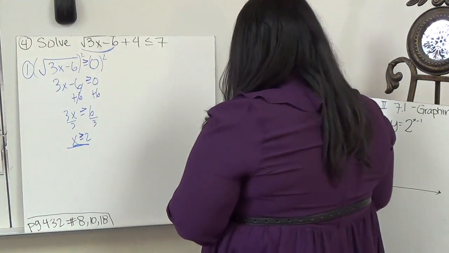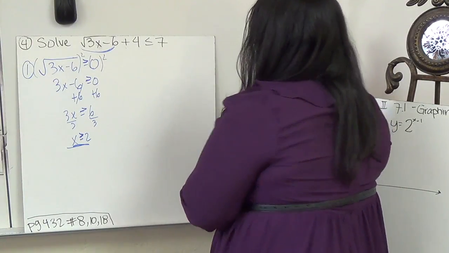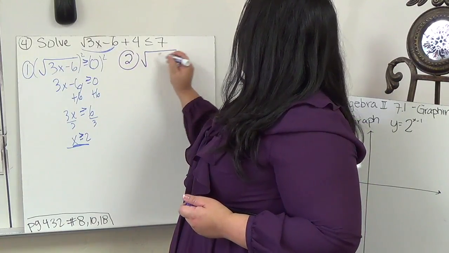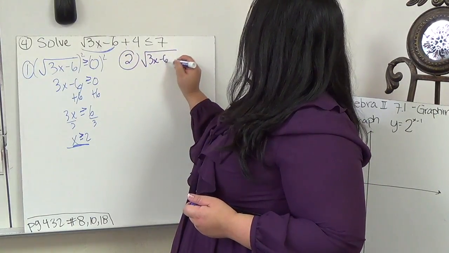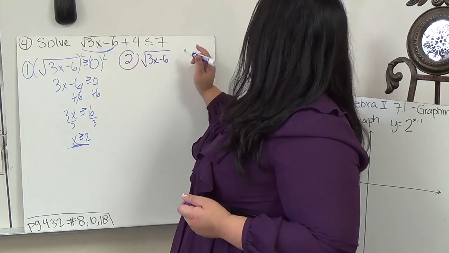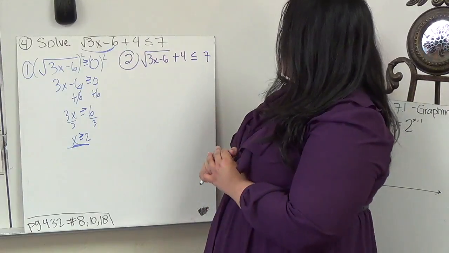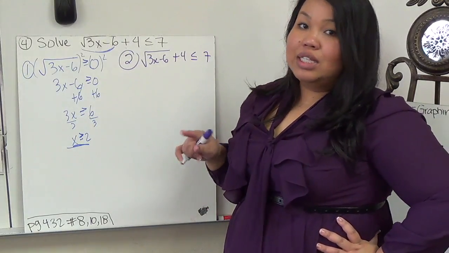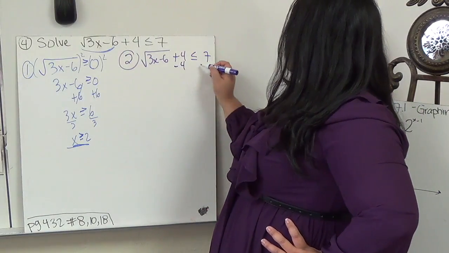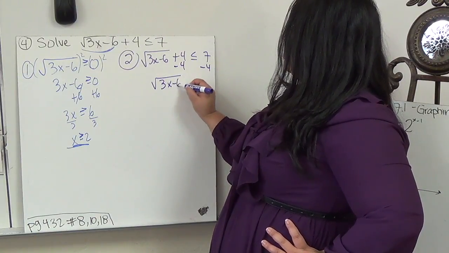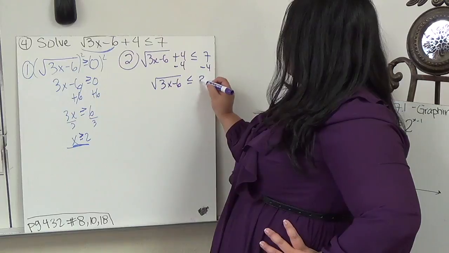So my next part is to just solve it like I would normally solve it. Square root of 3x minus 6, plus 4, is less than or equal to 7. I'm going to isolate the square root, so I'm going to subtract 4. I end up with square root of 3x minus 6 is less than or equal to 3.